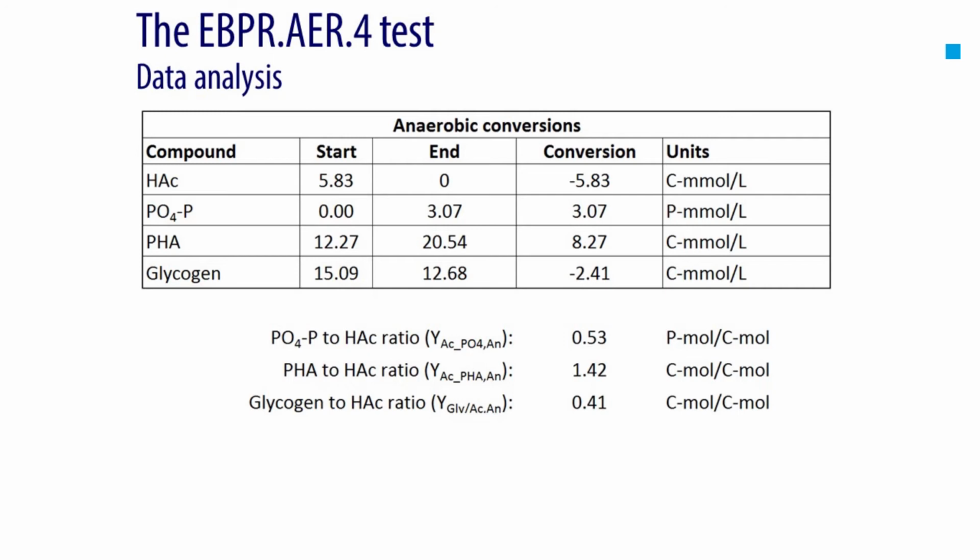Also, these ratios are comparable to those from DPAO cultures enriched in lab systems with acetate, as described by Kuba et al. in 1996. This indicates that the system is highly enriched with PAO or DPAO.